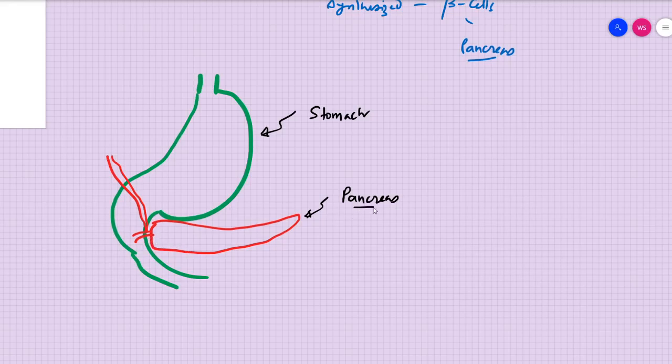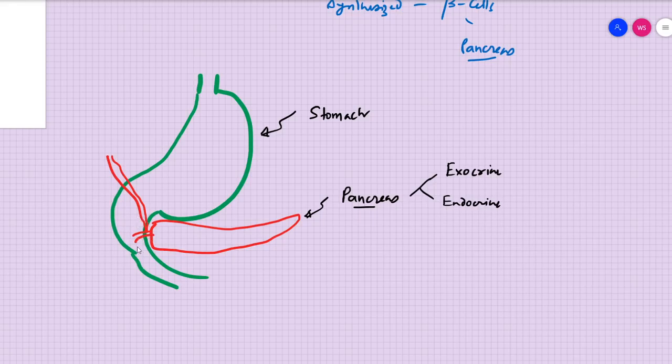So this pancreas has got two roles. It's got an exocrine function and it has got an endocrine function. Okay, so exocrine meaning the secretions which are released through a duct, and this duct is what we are showing here.